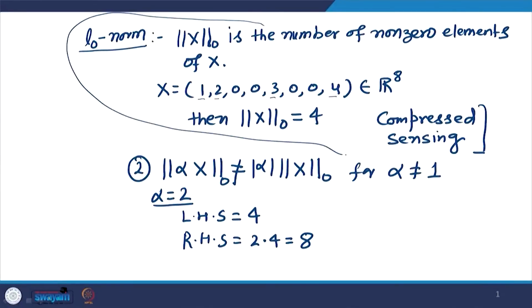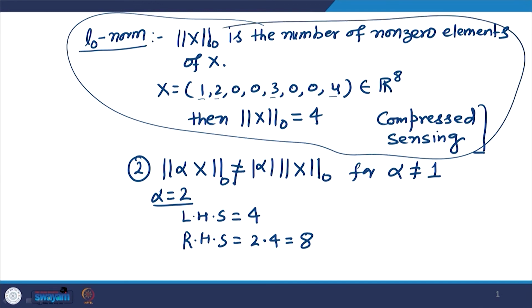However, we are using this particular 0 norm quite frequently nowadays in compressed sensing and machine learning. Further, you can define your own norm.